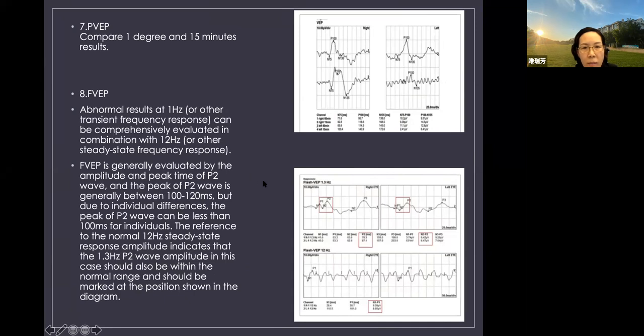Sometimes for a flash VEP, we will compare the transient frequency response. If the transient frequency response is unrecordable or unrepeatable, we always look at a steady state frequency response.